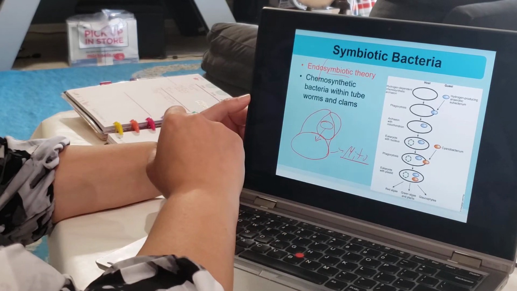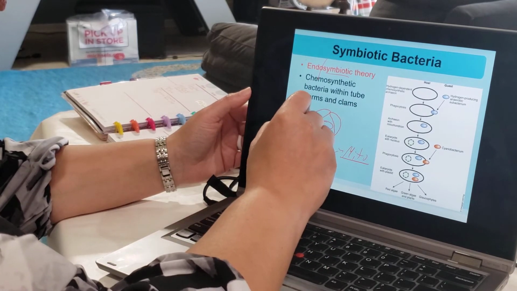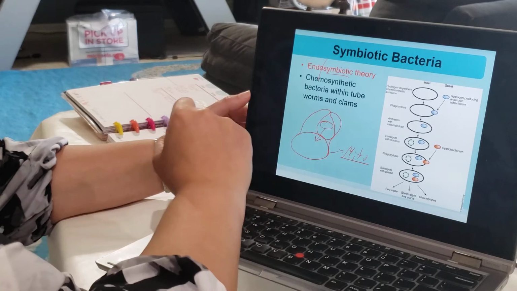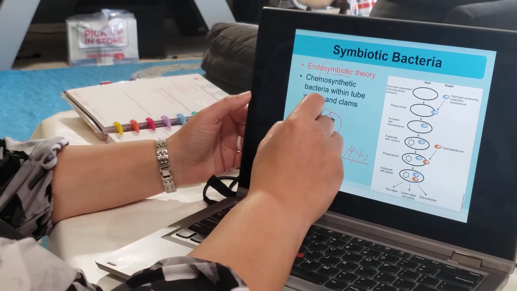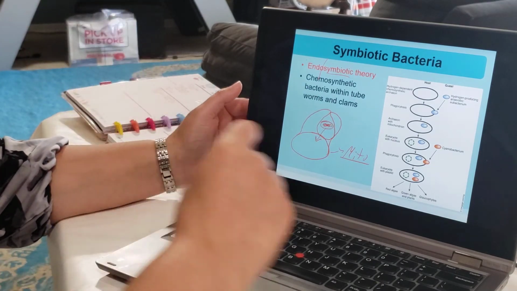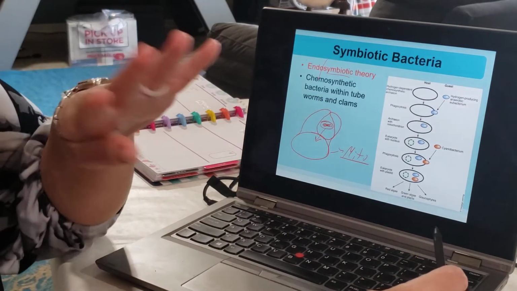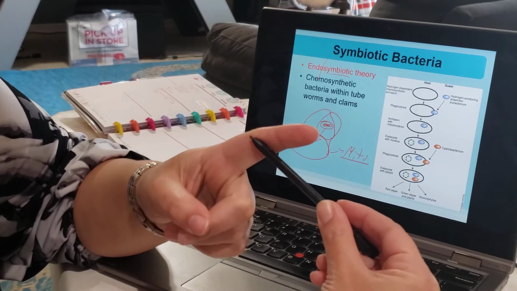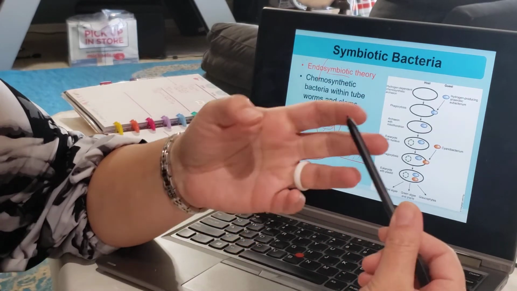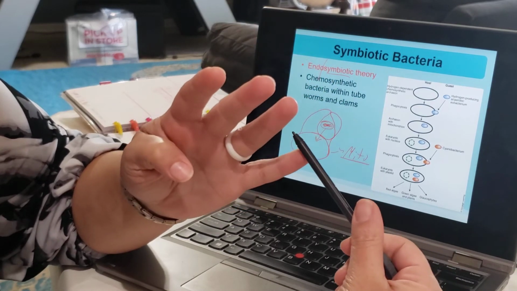Well, what evidence do we have? Good question. Mitochondria has its own ribosomes, its own DNA, and it has two membranes. Now remember, every cell has to have four things, whether it's prokaryotic or eukaryotic: a cell membrane, its own DNA, ribosomes, and cytoplasm.